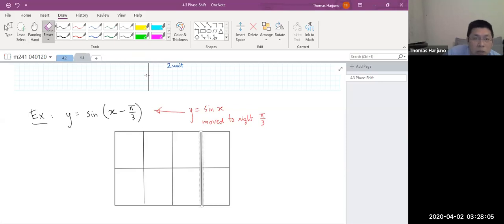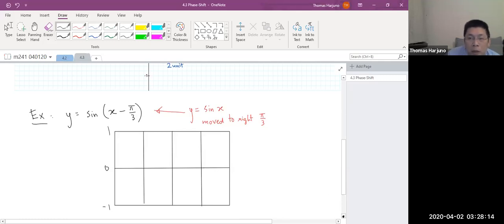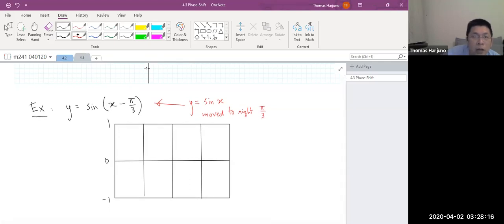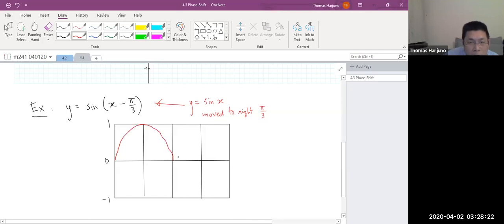So the center is still 0, the amplitude is 1, so the maximum and minimum are 1 and -1. And the graph is still the graph of regular sine x. However, instead of starting at 0, now we start at pi over 3.